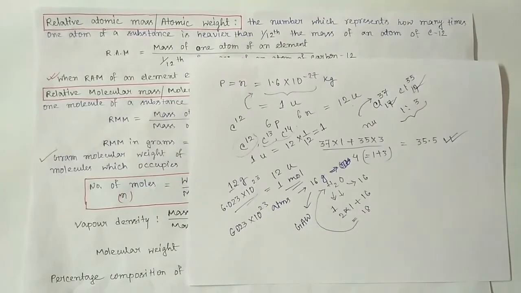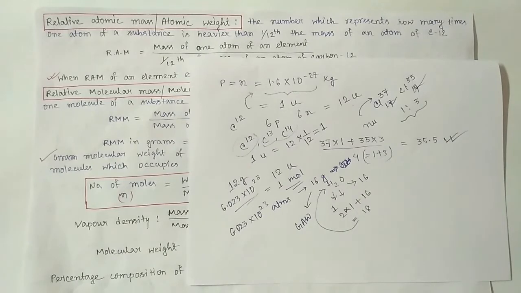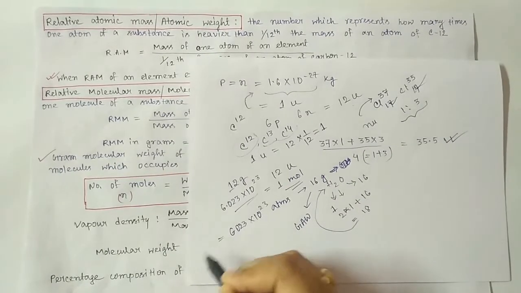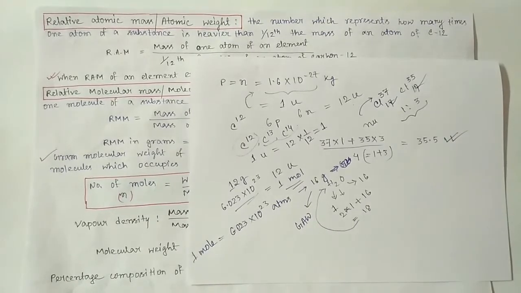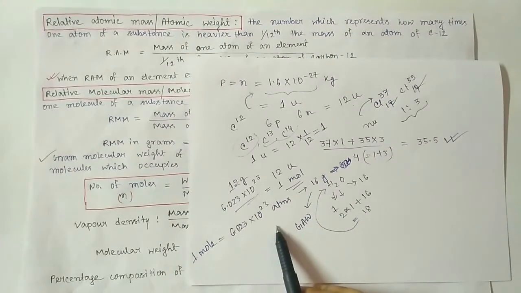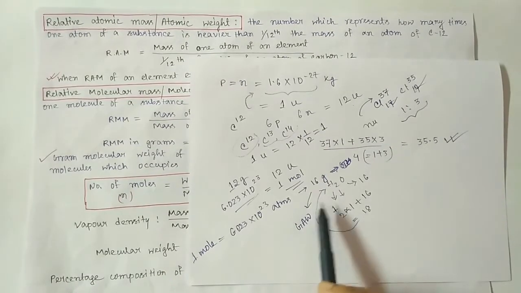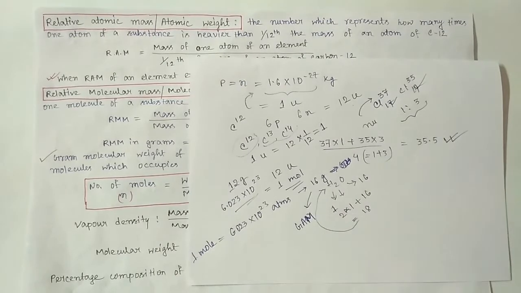And previously I have also told you that 1 mole is a collection of 6.023 × 10^23 particles. So it means that it is actually 1 mole. Thus we can conclude that 1 mole of atoms contains 6.023 × 10^23 atoms having mass equal to its gram atomic mass.